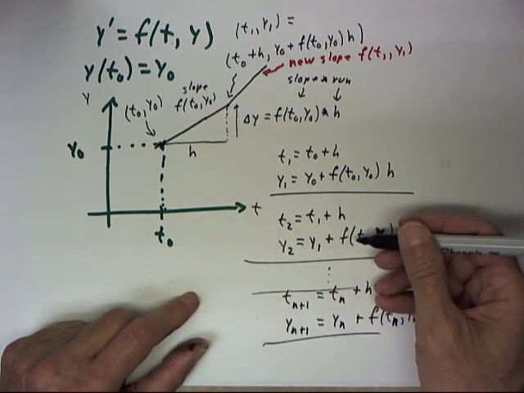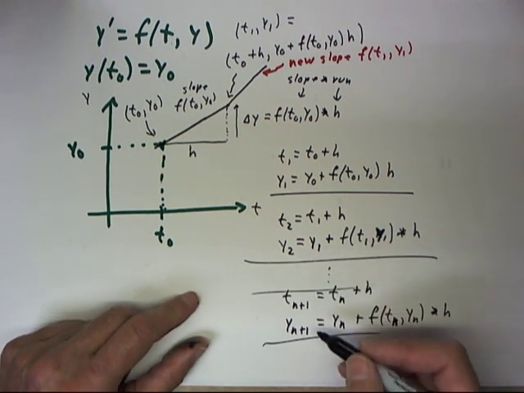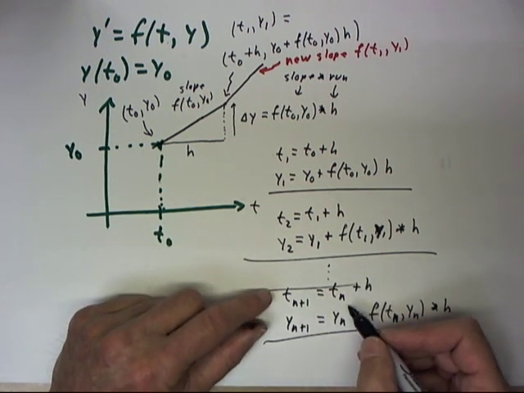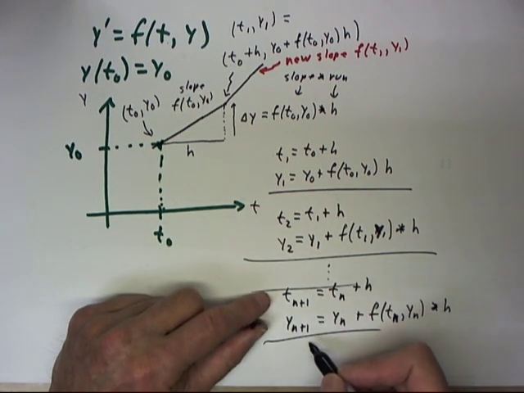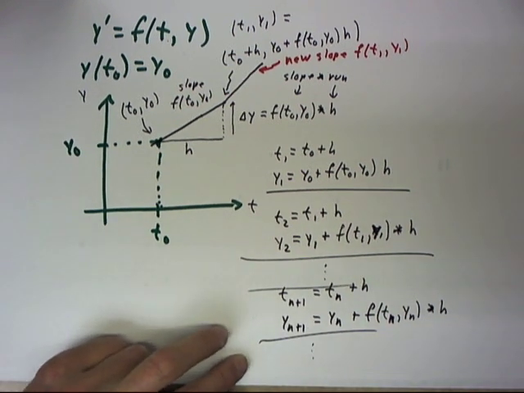So we can proceed through a number of steps. We can find t3, y3, t4, y4. If n is equal to 10, we'll eventually get to t11 and y11. And we can continue this as long as we wish.